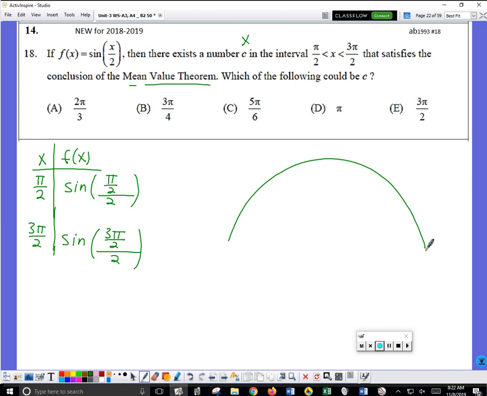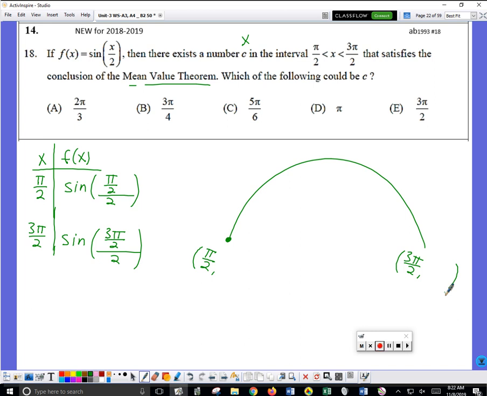Well, here's x equal pi over 2. And here is x equal 3 pi over 2. So that's what they're describing.